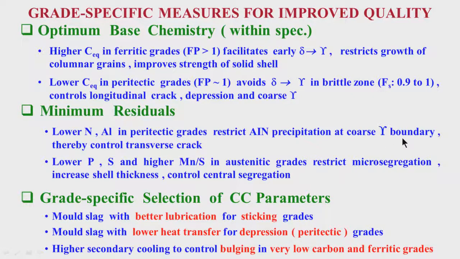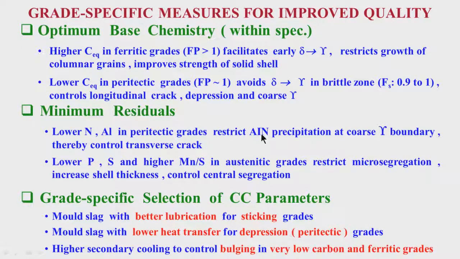But if you have coarse austenite grains, the boundary areas are relatively less, so for the same amount of precipitation you have a high density of precipitation, and these grain boundary areas become brittle. So, that is why this particular temperature range I have mentioned earlier, around 650, around 700, around 750, is again a low temperature brittle zone. So, we have to avoid this zone, we have to avoid formation of these nitrides.